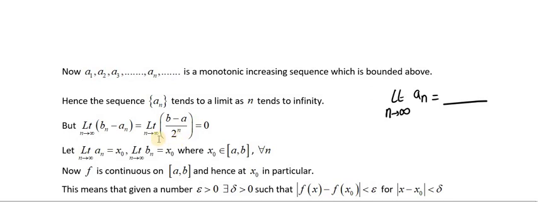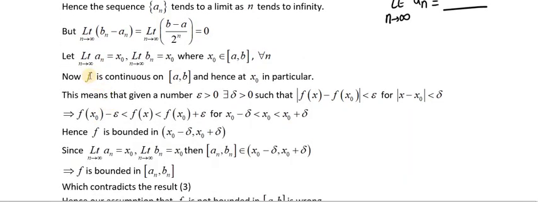If I substitute infinity in the place of n, then we get 2 power infinity. But 2 power infinity is infinity. Anything by infinity is 0. That means this limit value is 0. Whenever the limit of the difference of two real numbers is equal to 0, then those two limits must be equal.